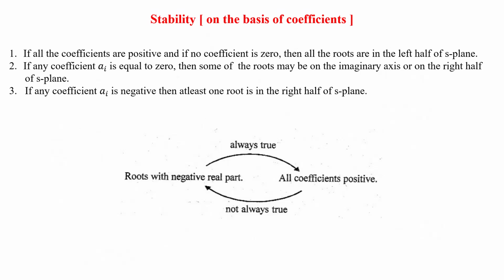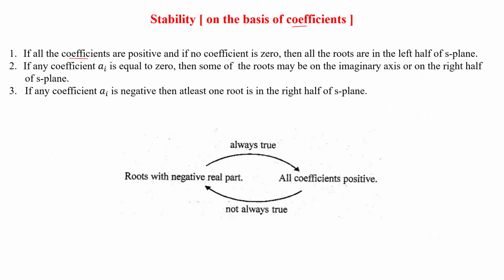Now we have another situation where we are going to see the stability on the basis of the coefficients, and due to unfulfillment of this condition, later we have the RH criteria that we are also going to see. So here, what is the condition?